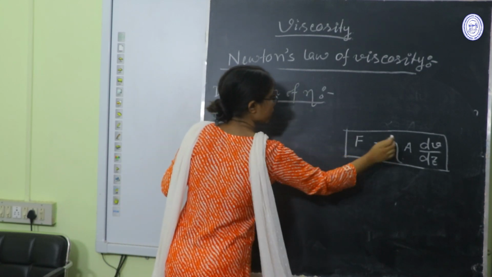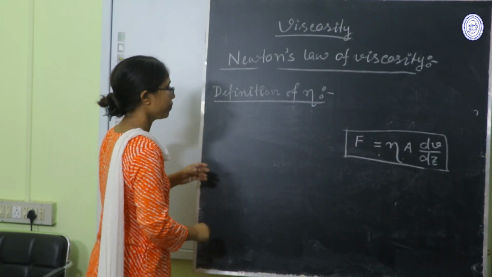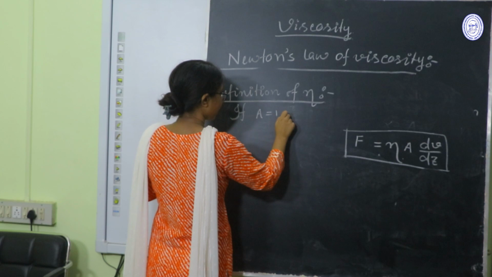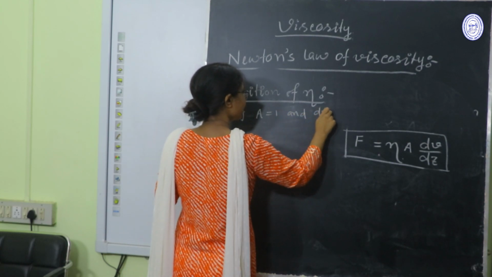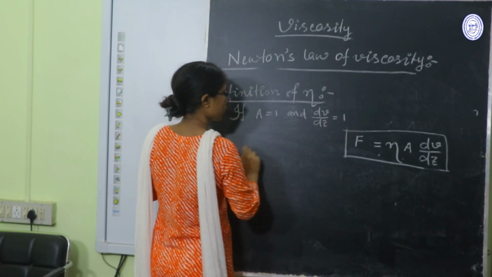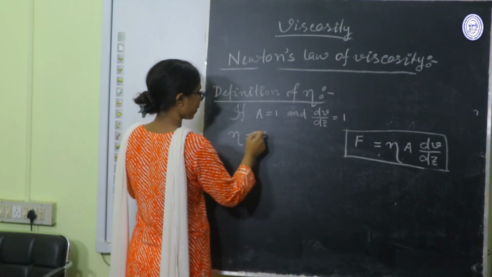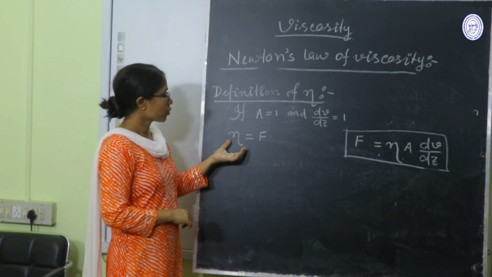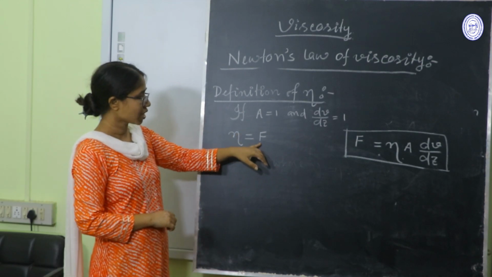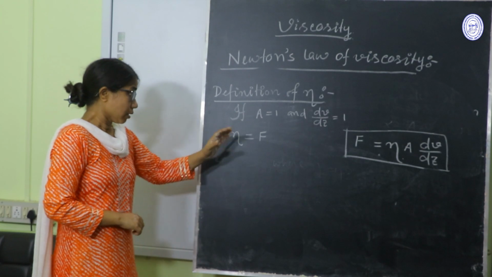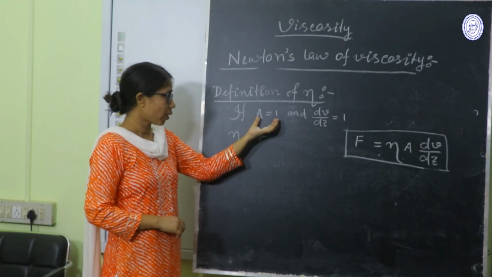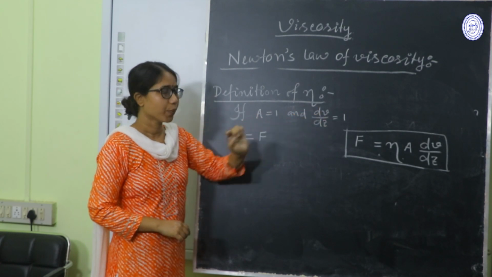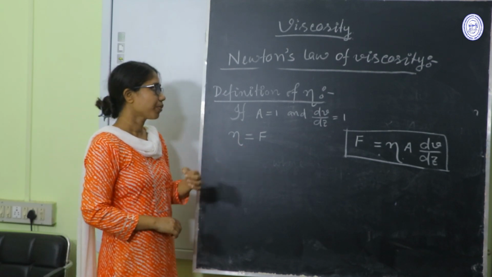From this equation, F is equal to eta A dv/dz, if A is 1 and dv/dz is 1, then eta is equal to F. Now, we can say that the coefficient of viscosity is nothing but the viscous force or tangential force of internal friction between two layers whose contact area is 1 and the velocity gradient between these two layers is 1. This is called the coefficient of viscosity.